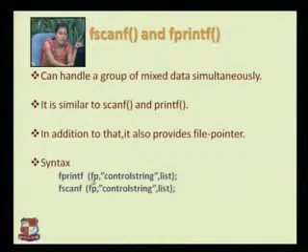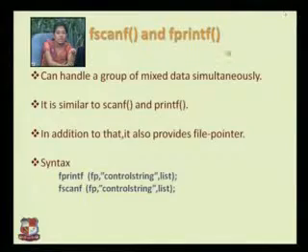If you are using fprintf and want to give the data to the output screen, you need to write stdout, meaning standard output, that is your monitor. Here you need to write stdin, that is standard input, then the data will be received from the keyboard. The use of fscanf and fprintf is, as I have said, different from getc, putc, getw, putw, which can retrieve only one character or one integer at a time.